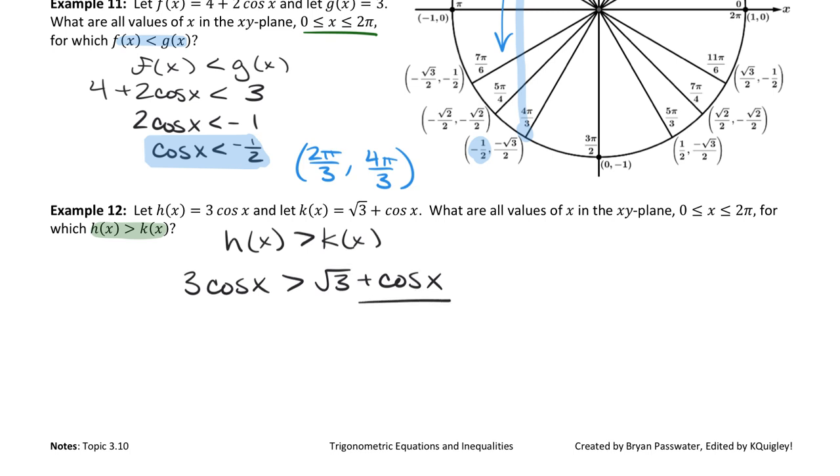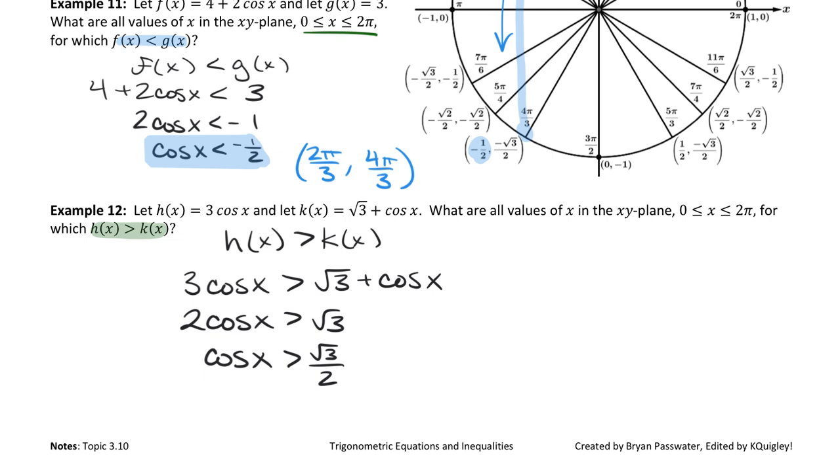How do you get this cosine onto the other side? Subtract it. So I have 3 cosine of x minus cosine of x, which is how many cosines of x? 2. So we have 2 cosine of x greater than square root 3. What do we divide by? 2. So we're looking for where cosine of x is greater than square root 3 over 2.